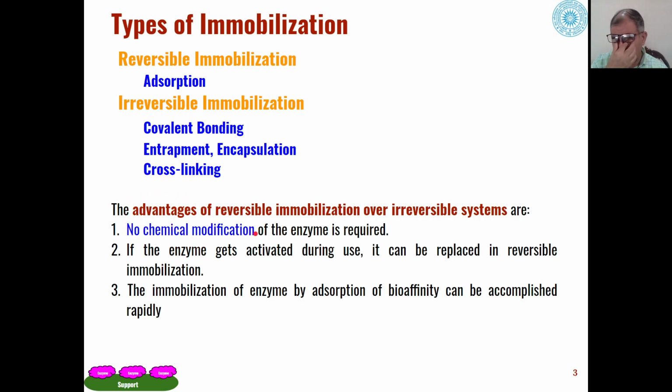Because there is no chemical modification, the activity of the enzyme cannot be retarded by this process, because active sites will remain active as there is no chemical change in the structure of the enzyme. And if the enzyme gets inactivated during use, then it can be replaced in reversible immobilization.